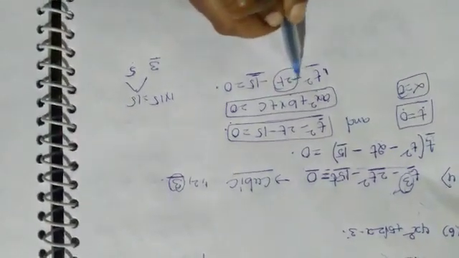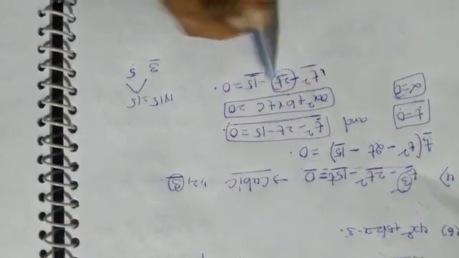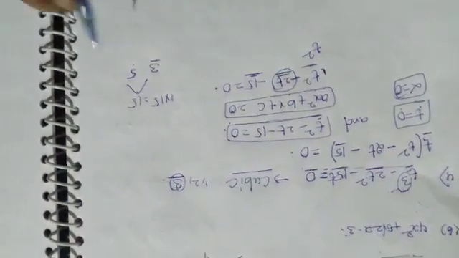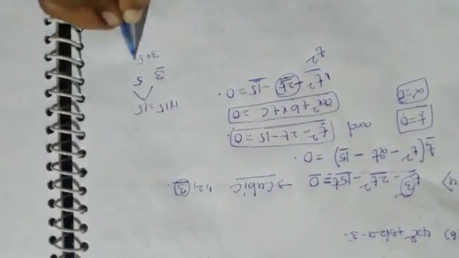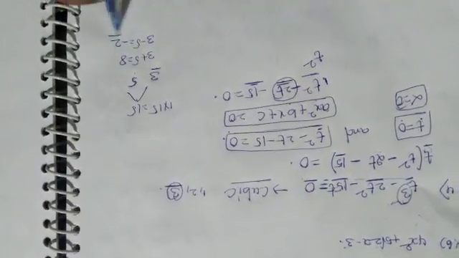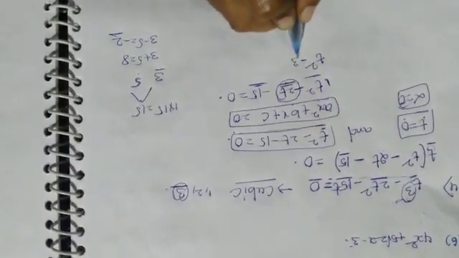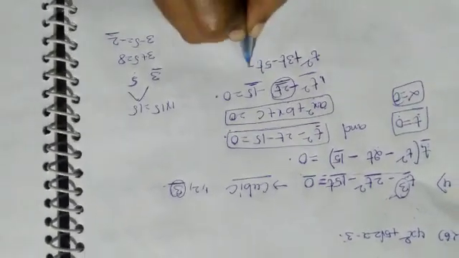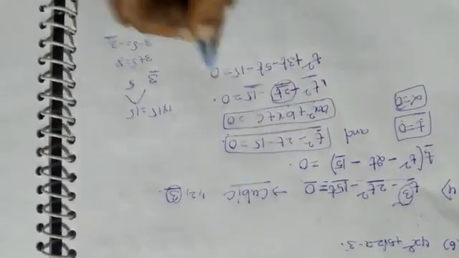The middle term is minus 2t. Split the middle term: 3 plus 5 equal to 8, 3 minus 5 equal to minus 2. Write t square minus 5t plus 3t minus 15 equal to 0.